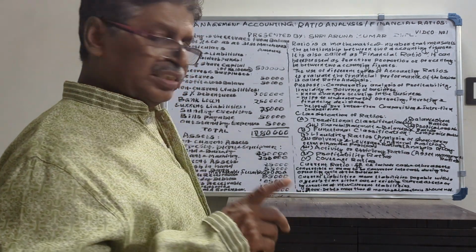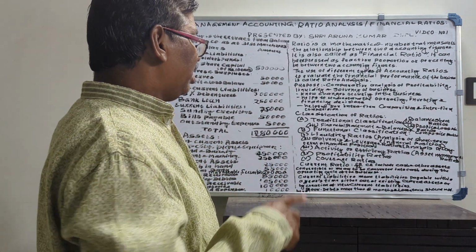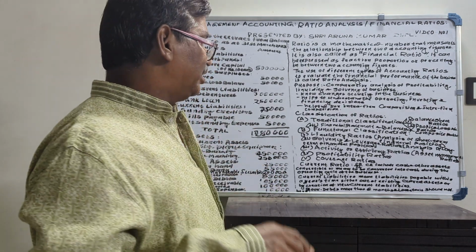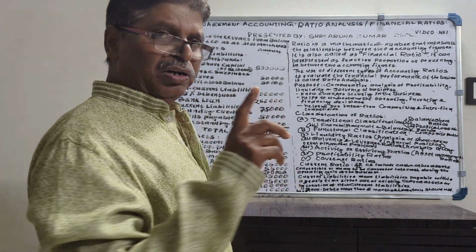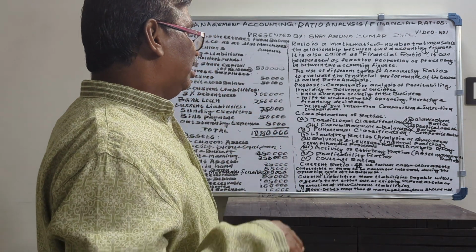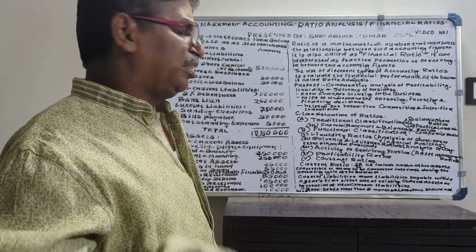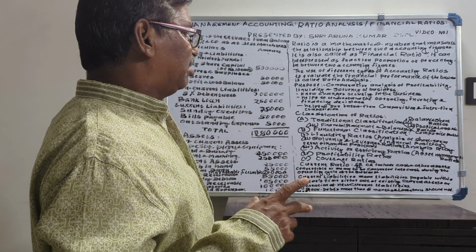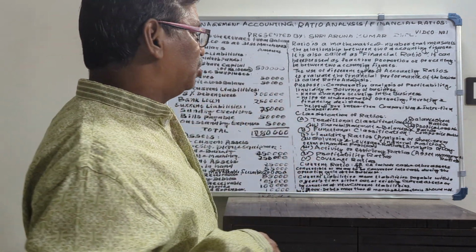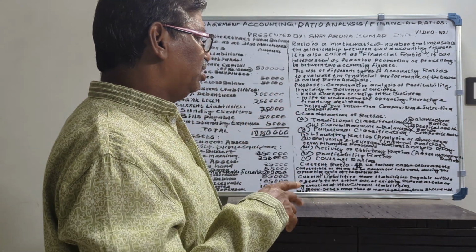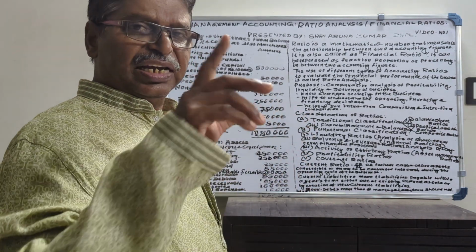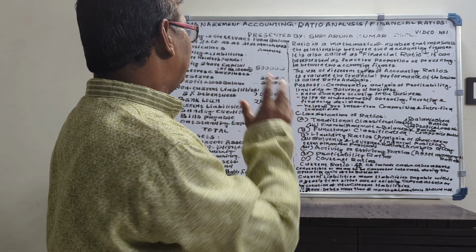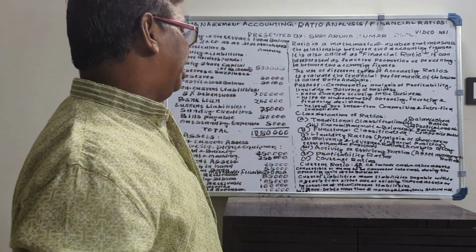Then classification of ratio. Ratios are classified under two heads. One is traditional classification and second is functional classification. In case of traditional classification, we may consider the basis of balance sheet ratios, profit and loss ratios and composite ratio. In case of balance sheet ratios, both the items are taken from the balance sheet only.